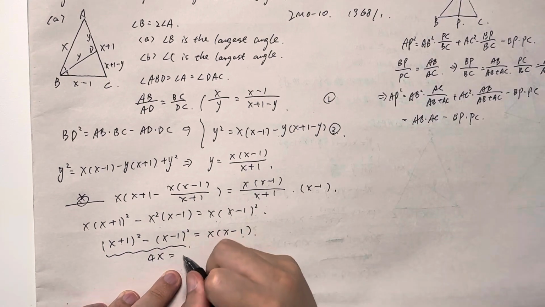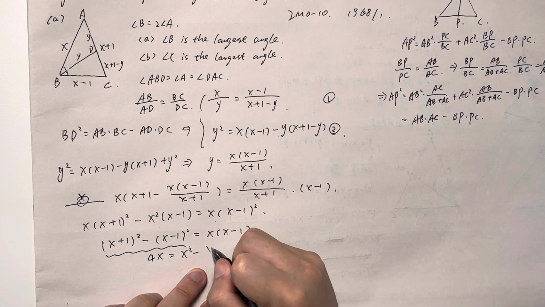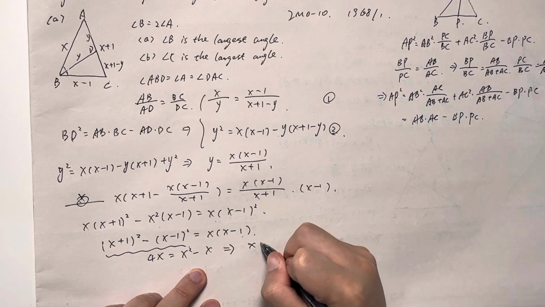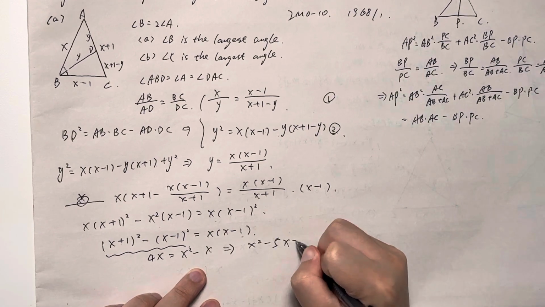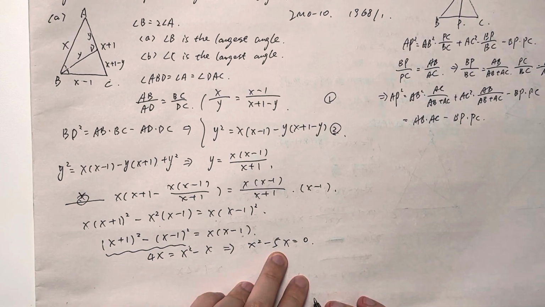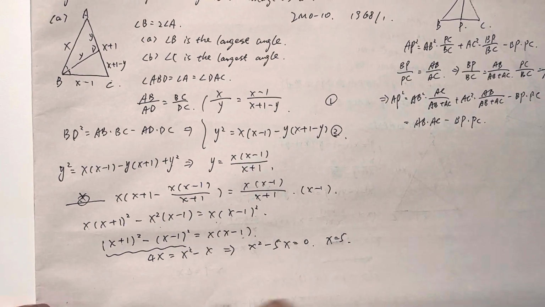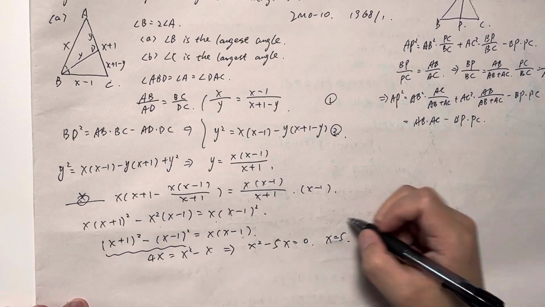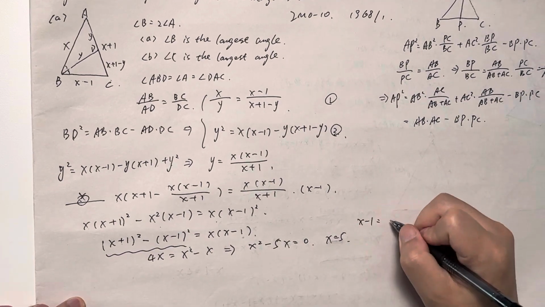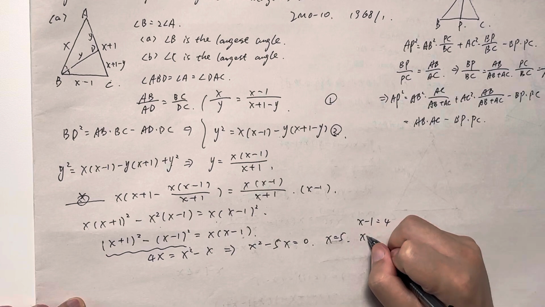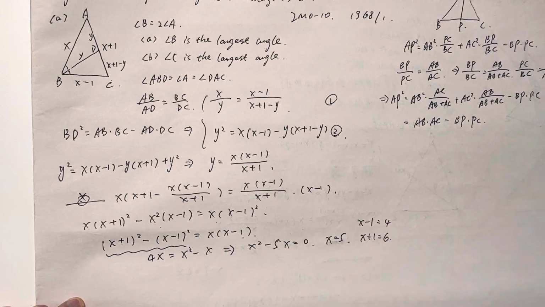And here equals 2x squared minus x. So we have x squared minus 5x equals 0. Because x is not 0, x equals 5. And then we know that x minus 1 equals 4, and x plus 1 equals 6, right?